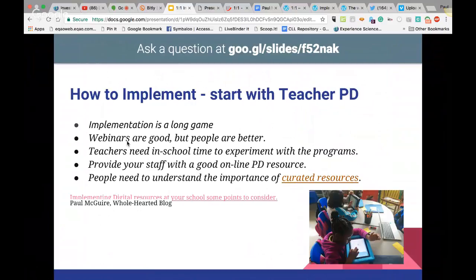But what you really want are good resources that have been vetted by educators and really developed. So we looked for programming that would go beyond the blind search and provide really good resources that had been vetted and enhanced by educators. I can show examples of that in a minute.